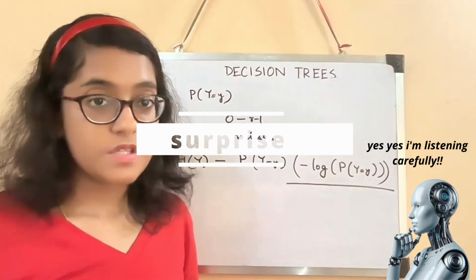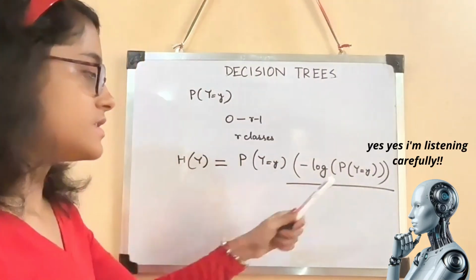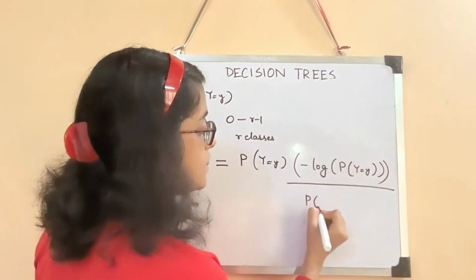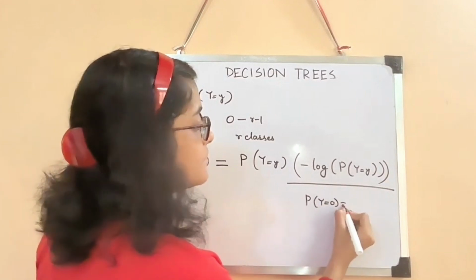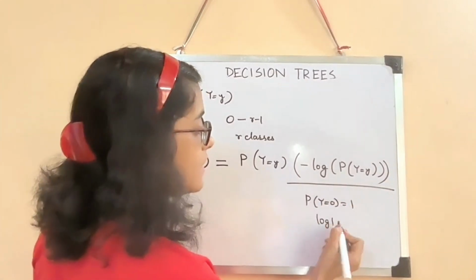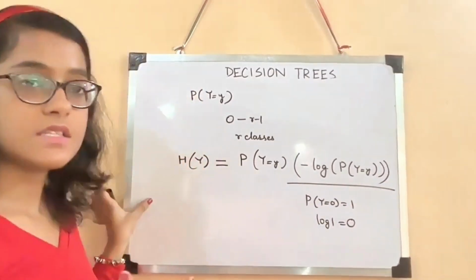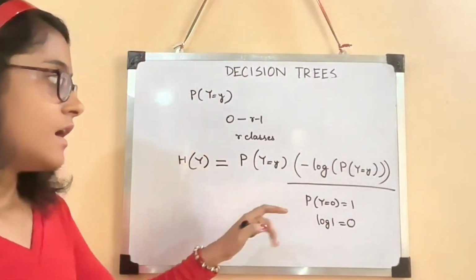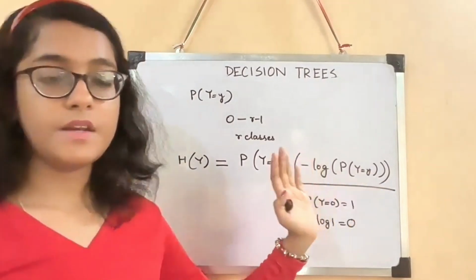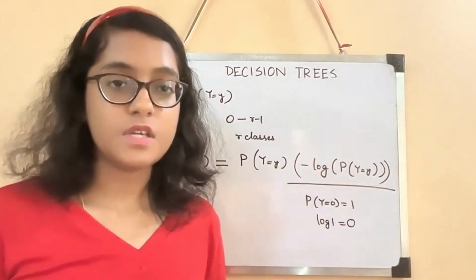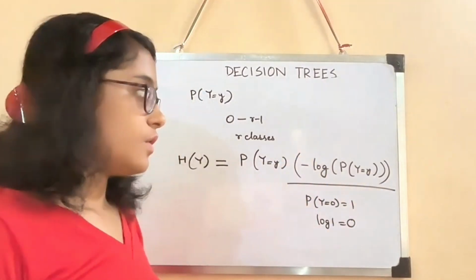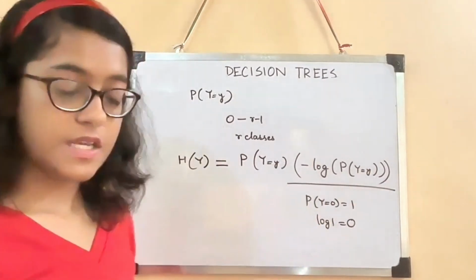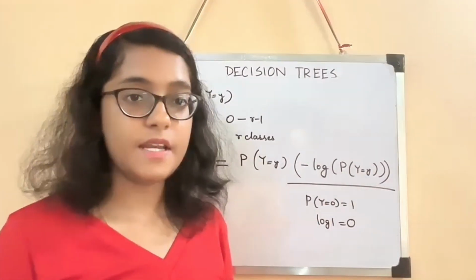Why do we use this to represent the surprise? Suppose we had only one class, class 0, then the probability of y equals 0 would have been 1. In that case, log of 1 would have been 0, which means there's no surprise. All the classes are 1, so we don't have any surprise. And log of this thing represents the number of bits that we are using in our representation. That is why log is very important here. Let's try to see it in a different light so that we understand it better.